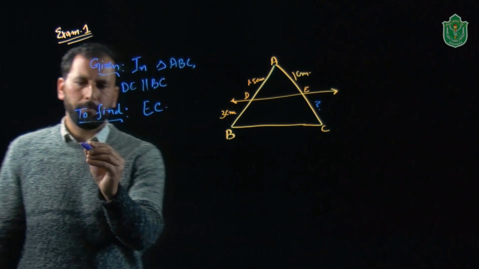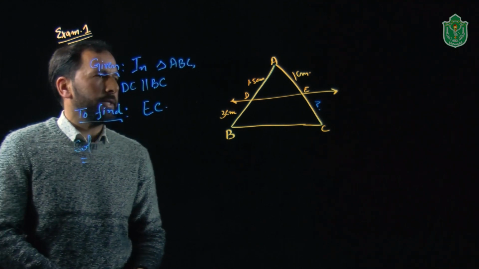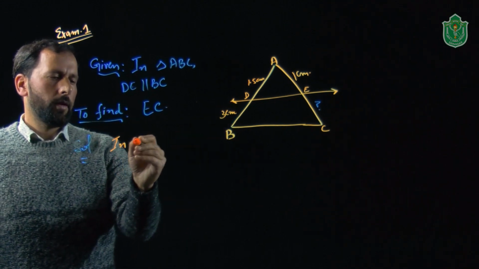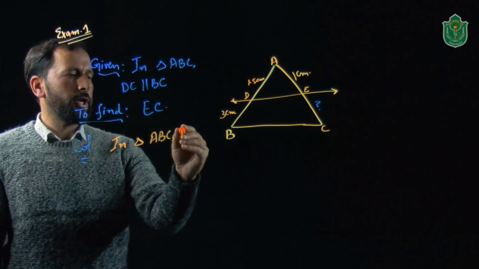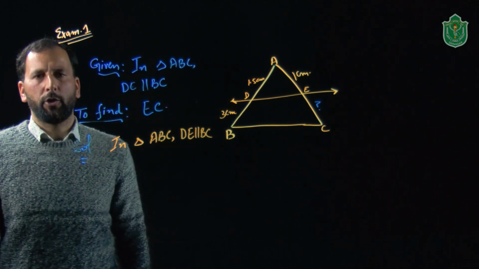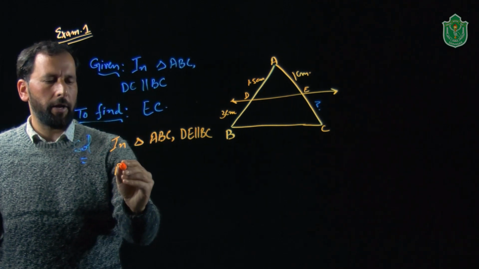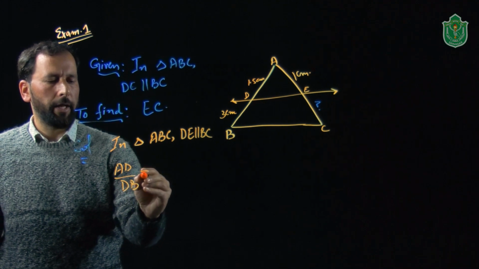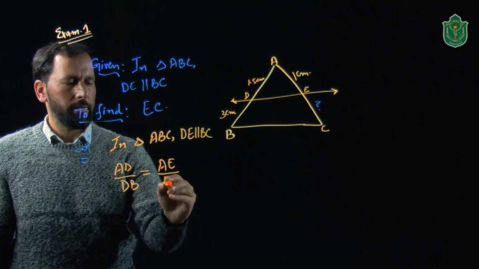So the solution is, in triangle ABC, this DE is parallel to BC. By the basic proportionality theorem, we can write here AD upon DB is equivalent to AE upon EC.